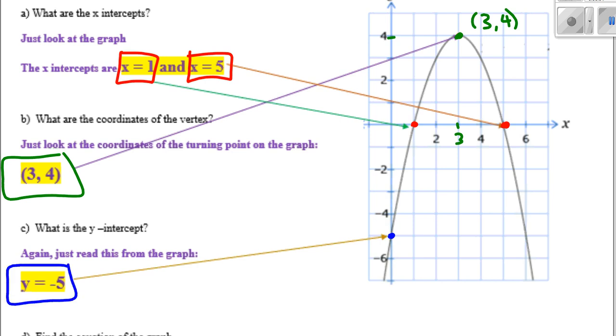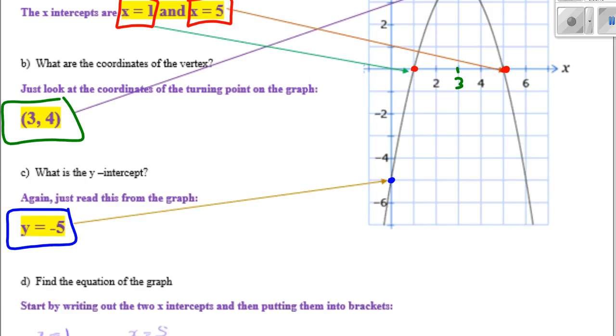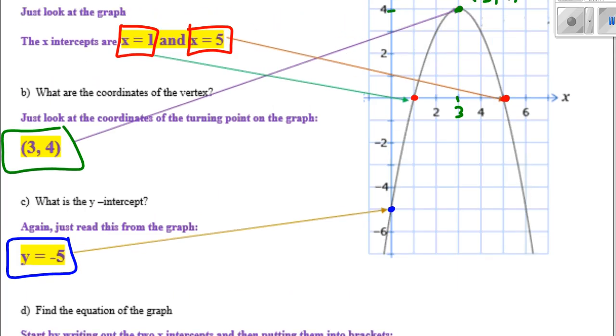Find the equation of the graph. Start by writing out the two x-intercepts and then putting them into brackets. You might find something like this in some of your topic assignments too. Our two x-intercepts are x equals 1 and x equals 5.